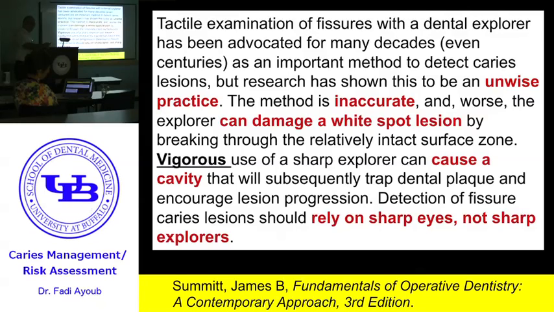If you are looking at a clean surface, I would use an explorer maybe to clean debris from the surface so you can see it. But anything that would be carious would have visual cues, visual clues that you could see. And what information you can gain from a sharp explorer is pretty much irrelevant, I think.